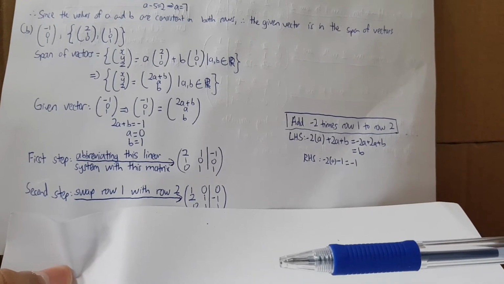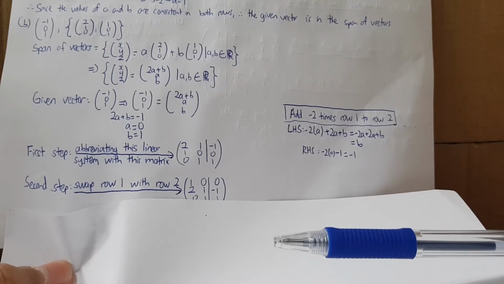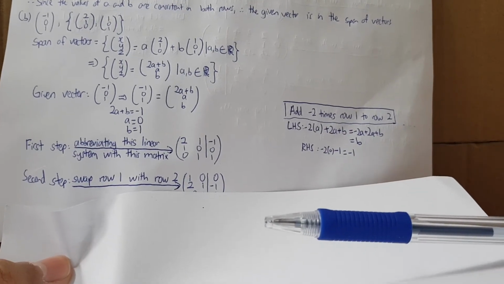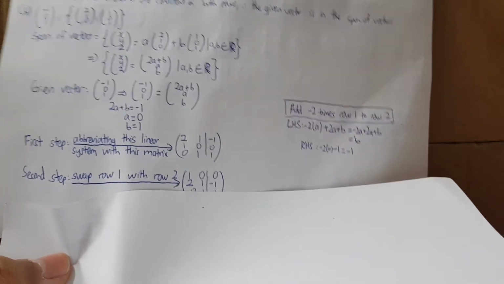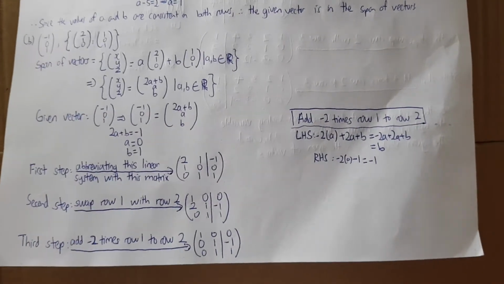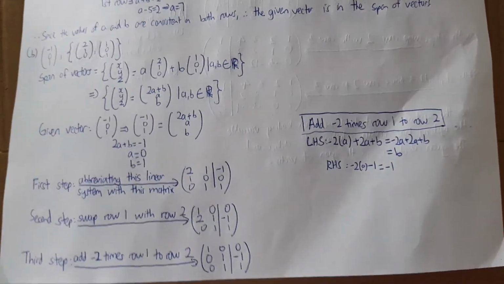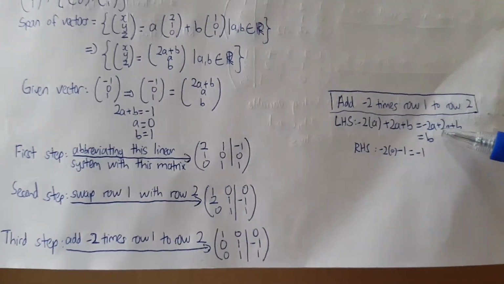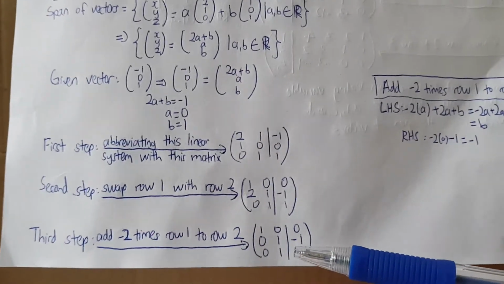Now, since both rows have the a variable, we want to eliminate the a variable on the second row. Hence, we add 2 times row 1 to row 2. The working is shown here. Hence, you get this matrix.